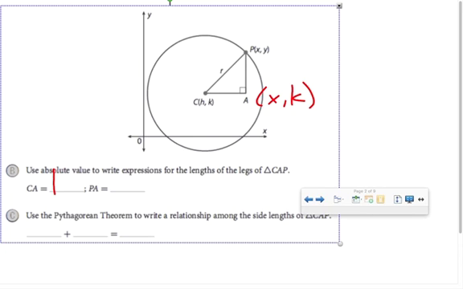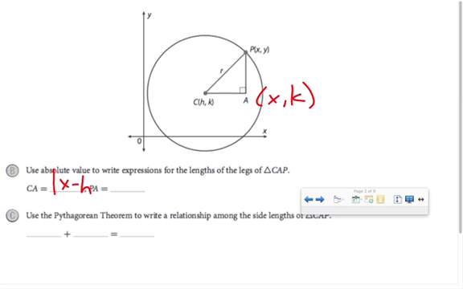So it'll be the absolute value of x minus h. And then the length of PA, my x coordinates are the same, they're both x, and so I can just subtract the y coordinates, so absolute value of y minus k.